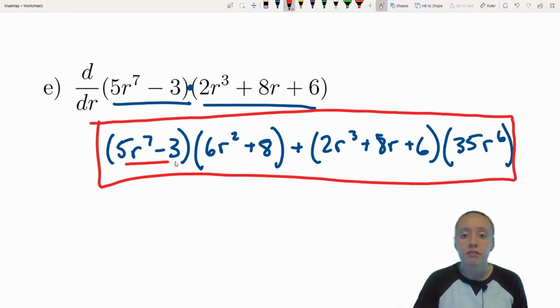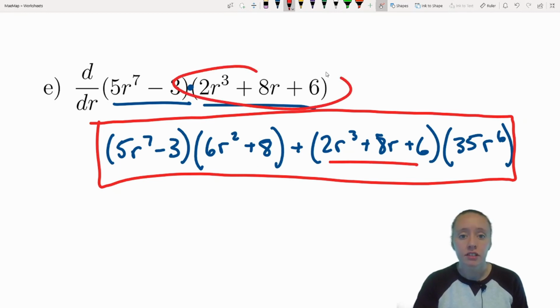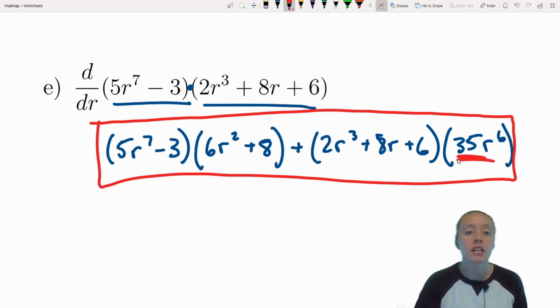You can see first times the derivative of the second plus second times the derivative of the first. And again, simplify this down on your own.